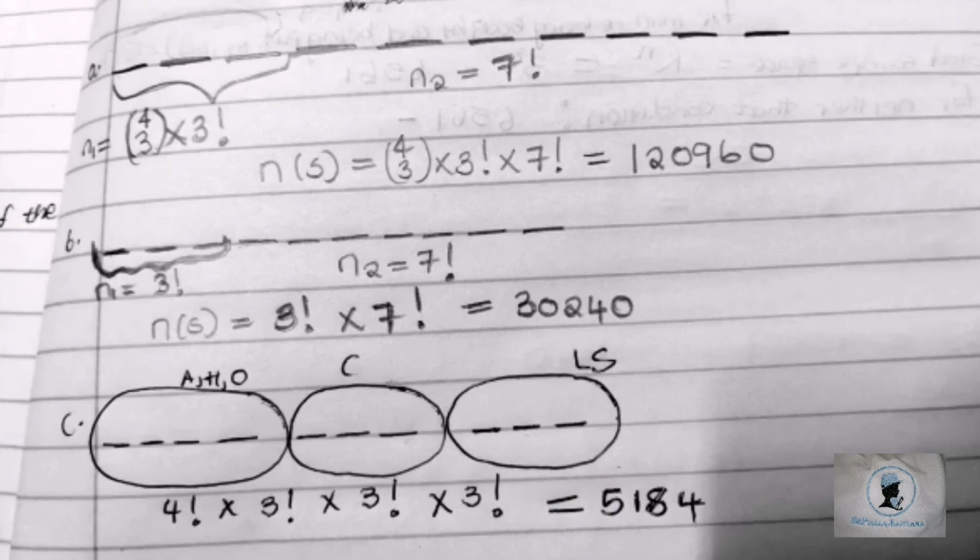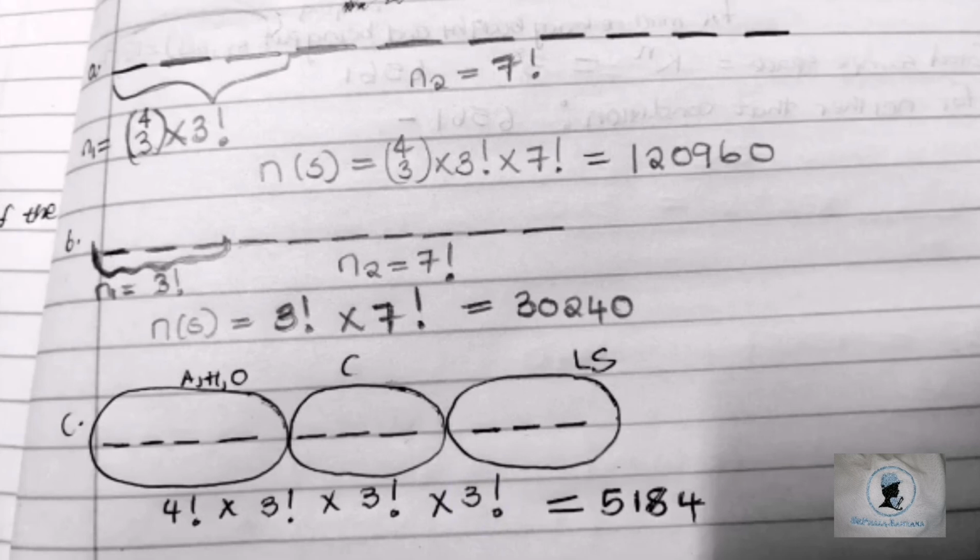So now remember, they didn't tell you that refrigerators of a certain problem should come first, then this one, then this one. So we don't know the order and we can't just assume the order. So we will have another 3 factorial.